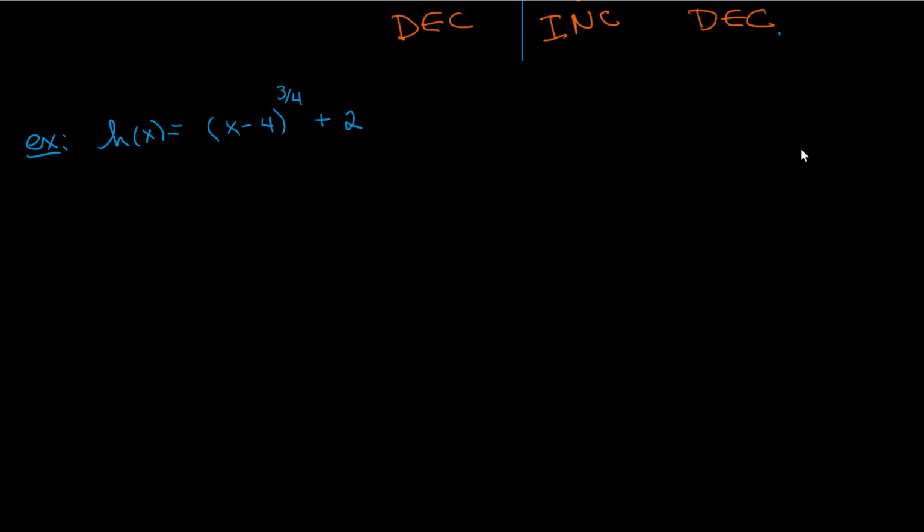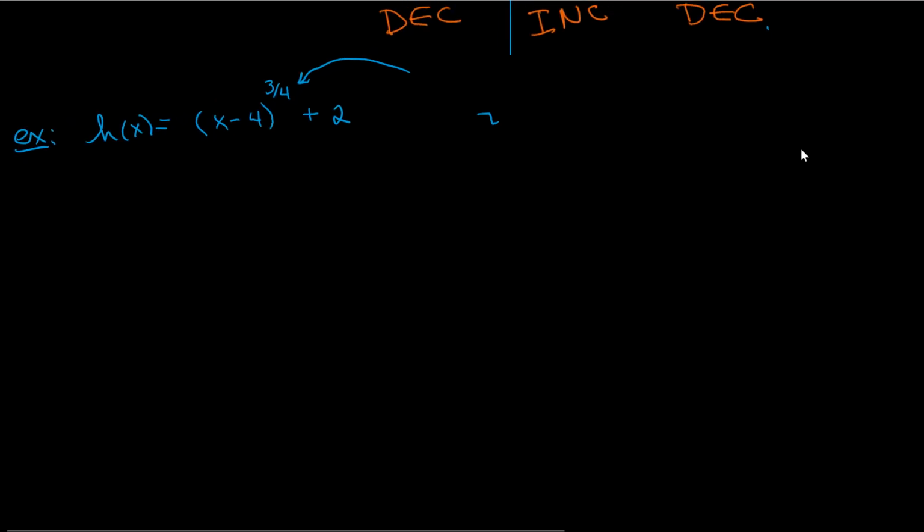We do have a root, and on this root, we cannot have negative values, because a fourth root is not defined, just like a square root is not defined for negative values. So we have to watch our domain here.